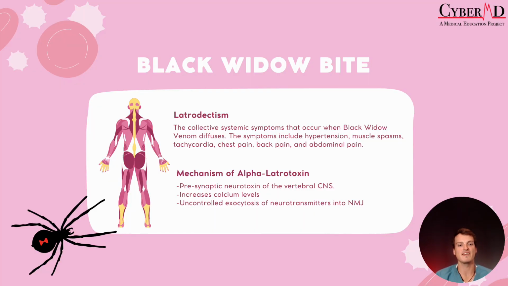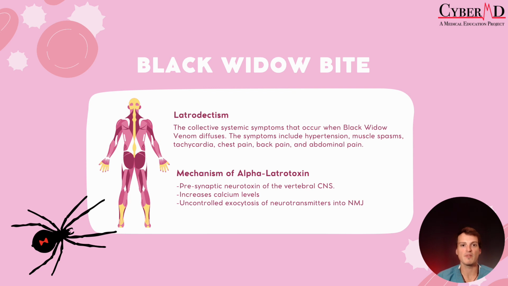Alright, so the letter B is black widow spider bites. And so you can see here that I have the word latrodectism, which is going to be the collective symptoms that a patient gets whenever they have diffuse spread of the venom of the black widow spider.